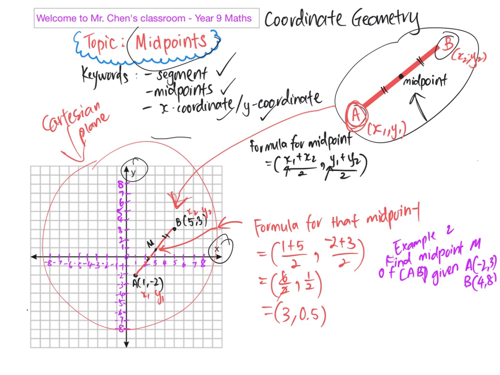I want you to work on it the same way. Pause the video for a while until you work it out. Hopefully you get it correct. If not, just correct it. It's not a big deal at all.